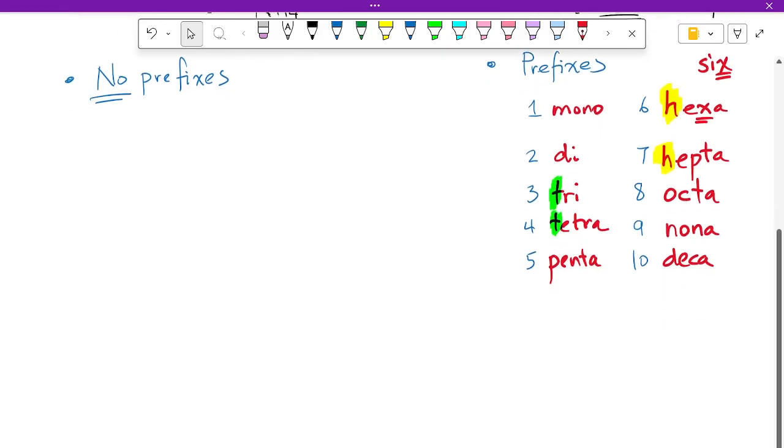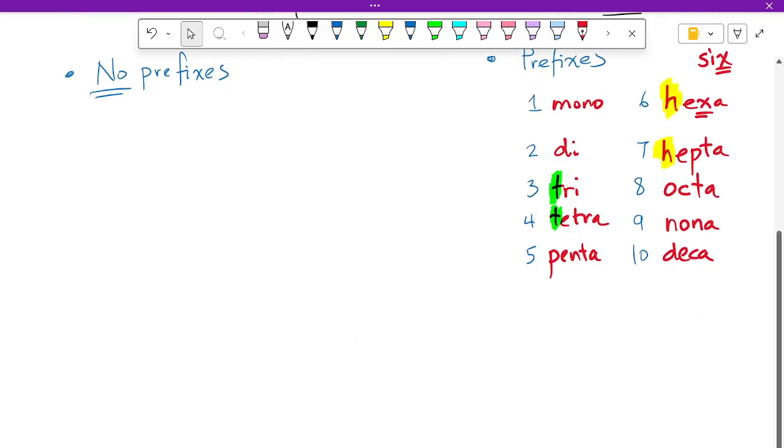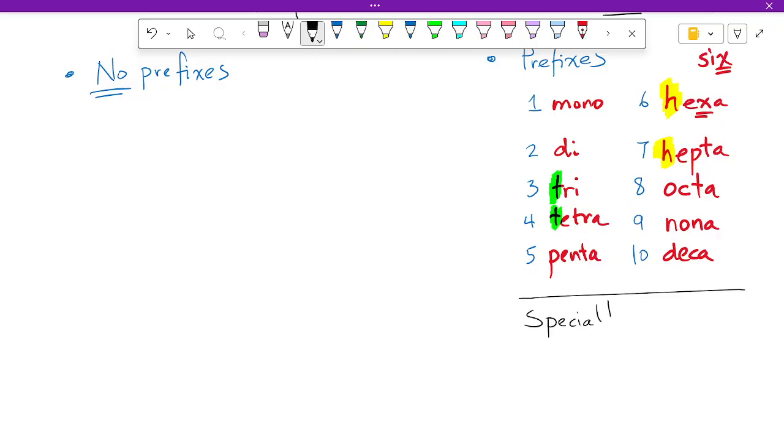Now there's a couple special things. Which one of these prefixes do we only put on the second word?